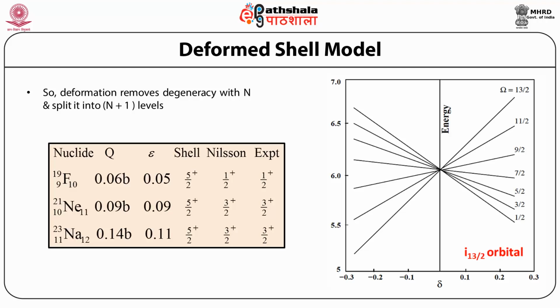Whereas if the deformation is negative, that is if the nucleus is oblate, their behavior in terms of energy is reversed, that is omega equal to 13/2 is lowest. So, depending upon whether the deformation of an axially deformed nucleus is prolate or oblate, the behavior of Nielsen orbitals is different.